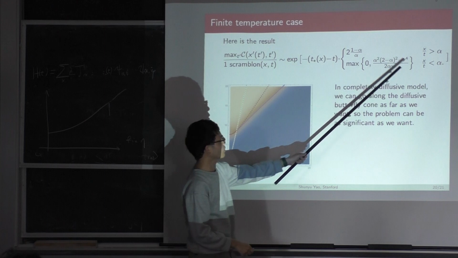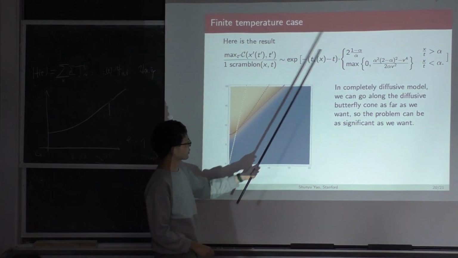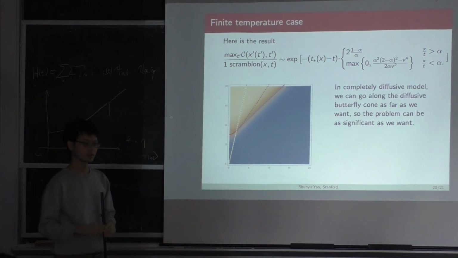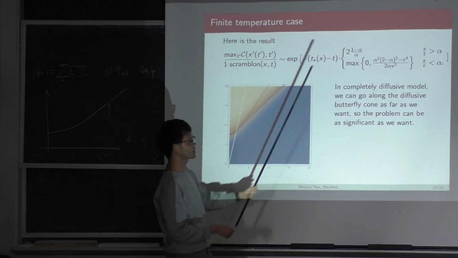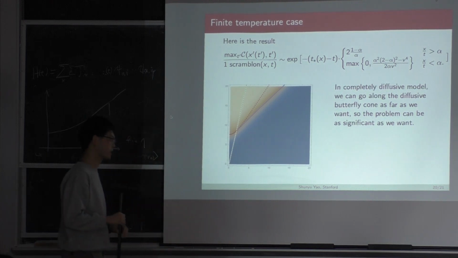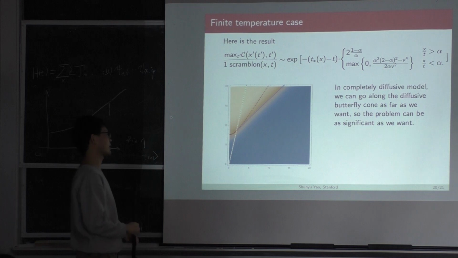For the pole dominant region, the coefficient multiplied with t star minus t will be a constant. And for the saddle dominant region, that's basically the same formula as before. It just looks a little bit different because I rewrote the formula a little bit, but trust me, it's actually the same expression.